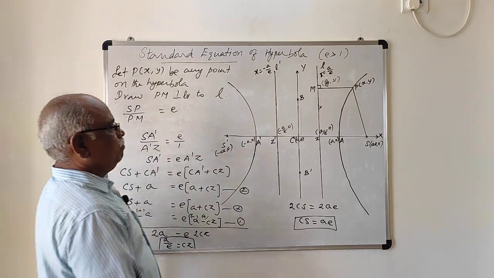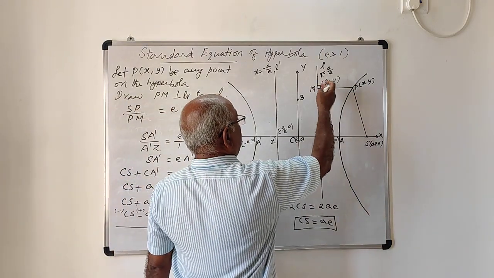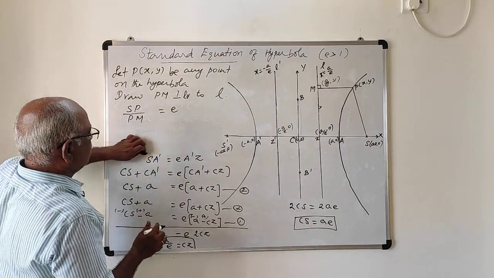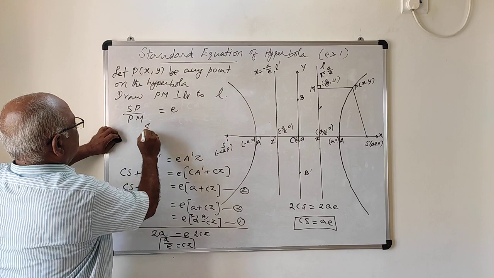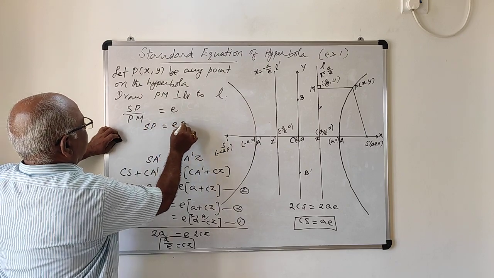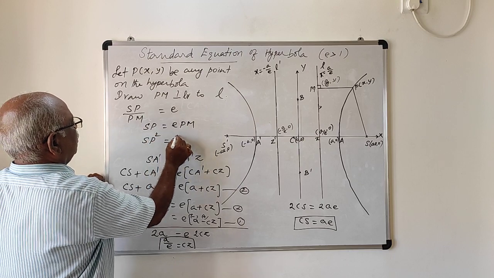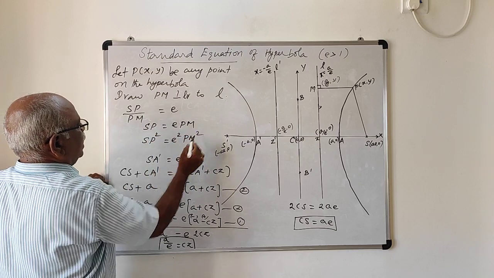SP by PM equal to E. By definition of conic, cross multiplying, you will get SP equal to E into PM, squaring both sides: SP square equal to E square into PM square.